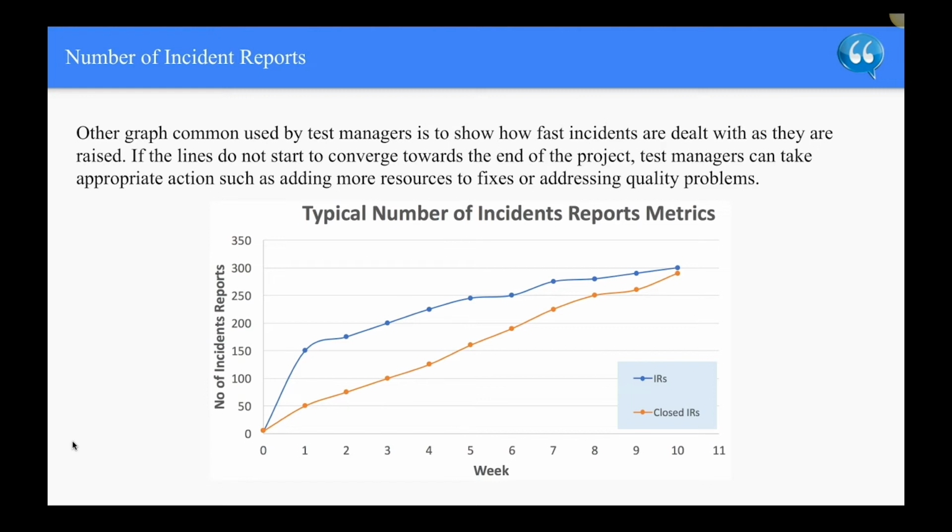So this is a graph that the test manager or the team manager would be looking at, the number of incident reports over time. So this is the two lines, with the incident reports against the closed incident reports.